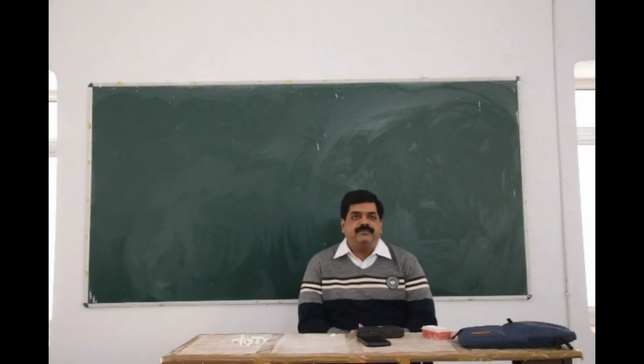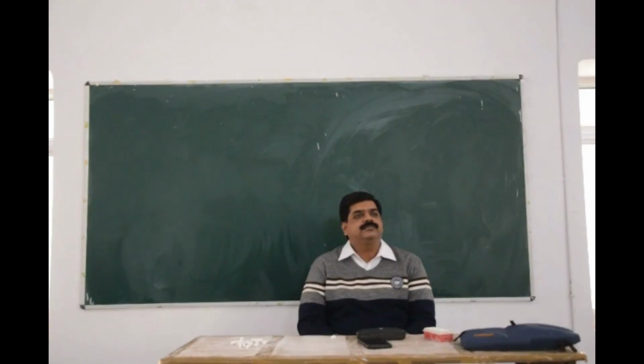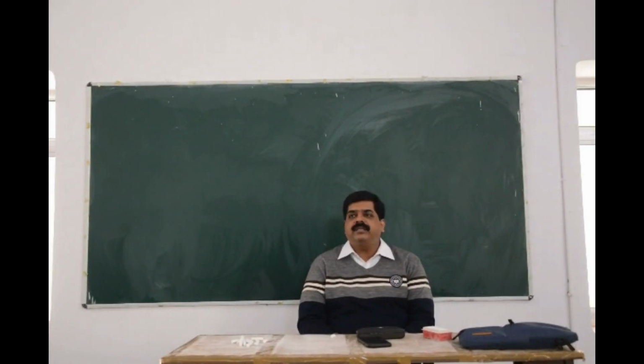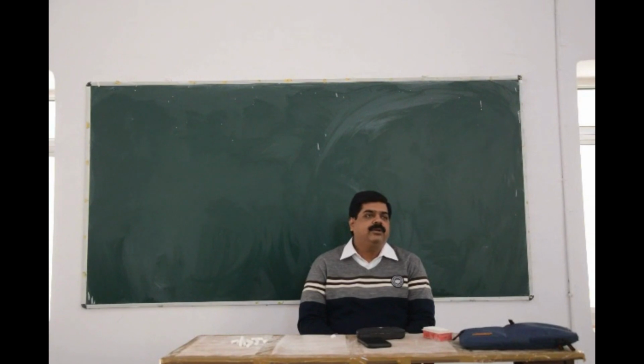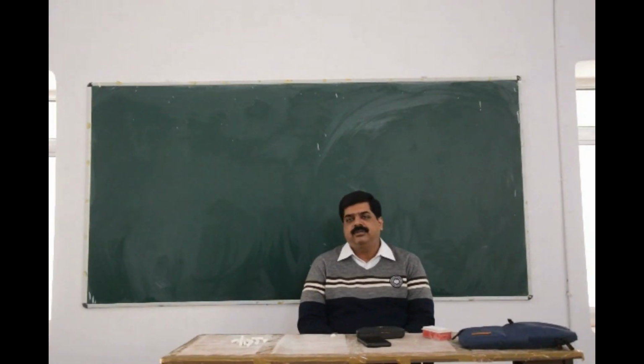In the last few lectures, we have discussed the basic concept of leverage, and the numerical portion also. We are aware that in leverage we take up the relationship between the variables, and there are three types of leverage: operating, financial and combined leverage.